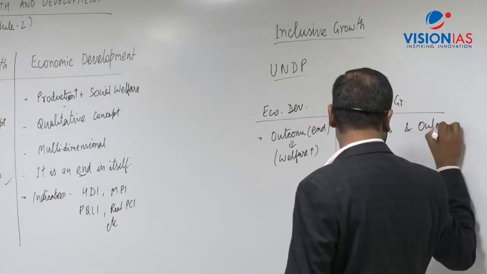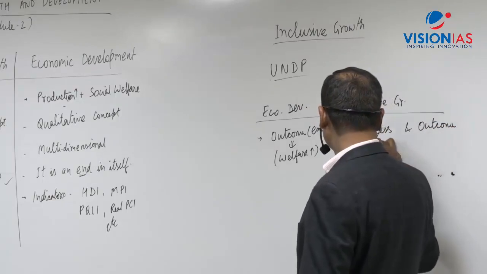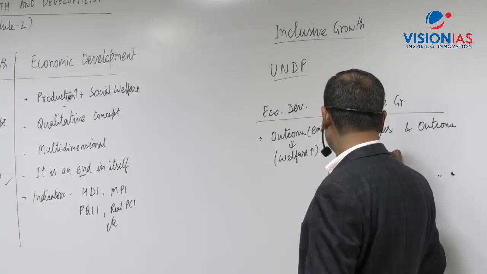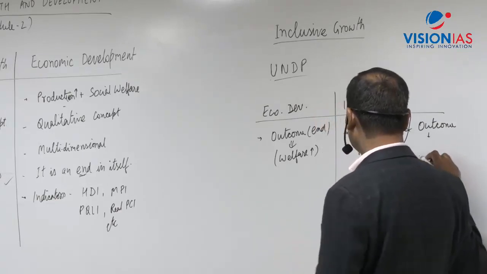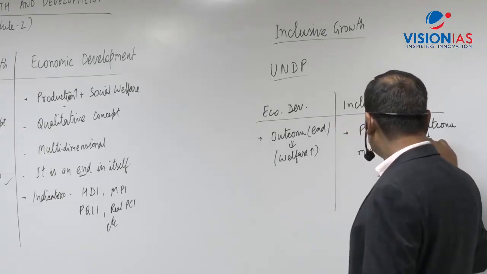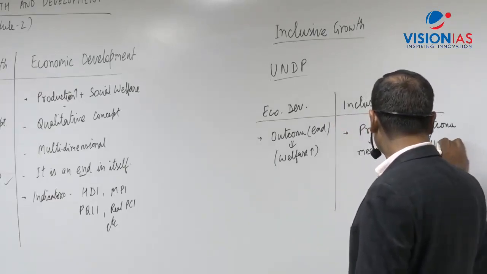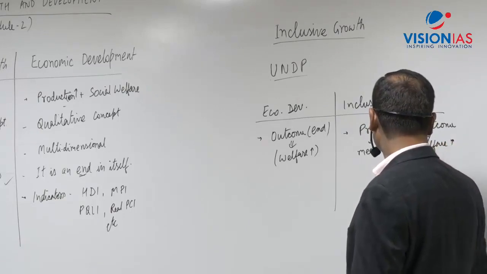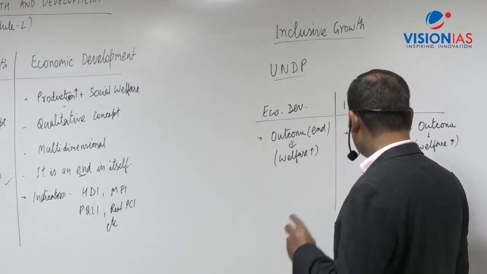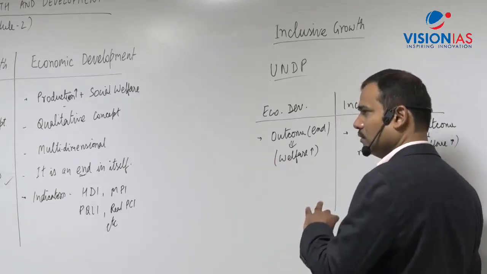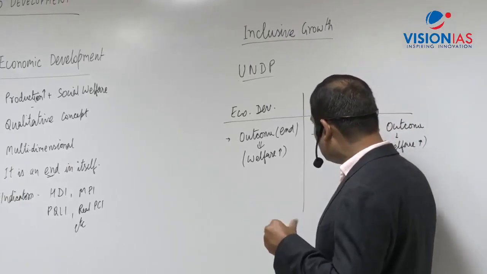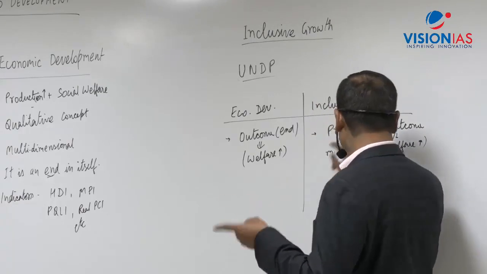Here it is a process and outcome. Process means actually it is a means, and this is actually the end. Here outcome means welfare we have to increase, and process means the manner of achieving this, in what manner we are enhancing welfare.